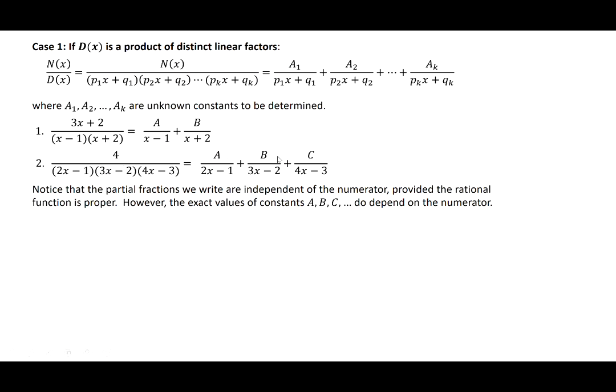Yeah, you would still do the same thing. A over 2x minus 1 plus b over all that. The only thing you need to worry about is whether this is a proper fraction. Well, 4x squared plus 3x plus 7 is a second degree polynomial, and this bottom is a third degree polynomial, so that's a proper fraction. So we could say this.